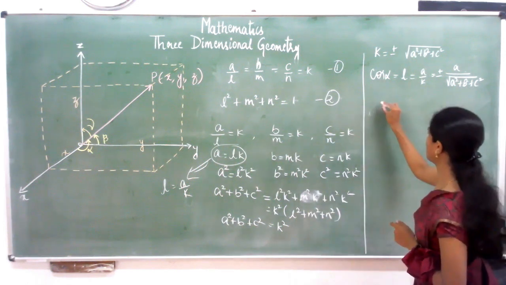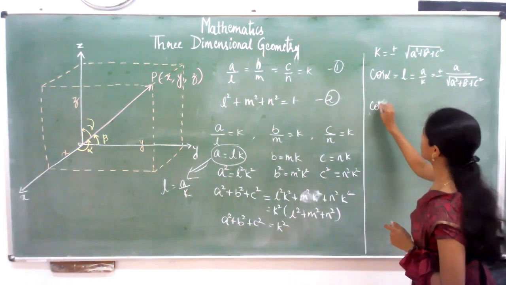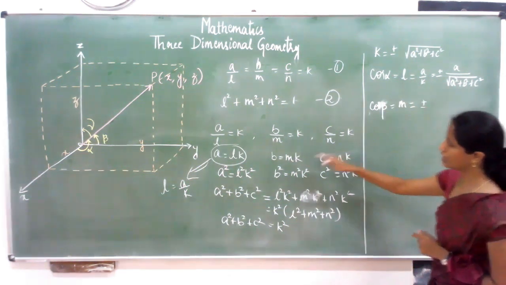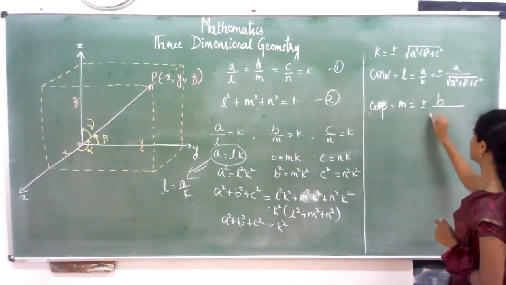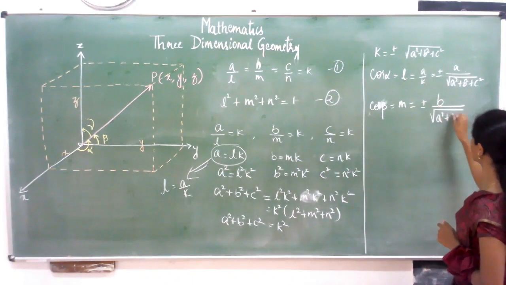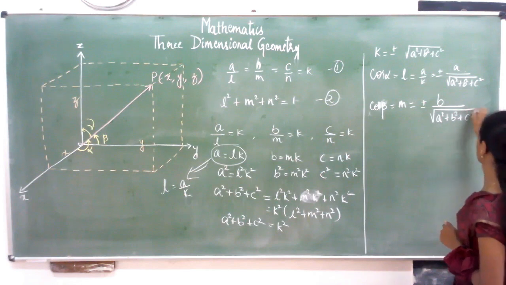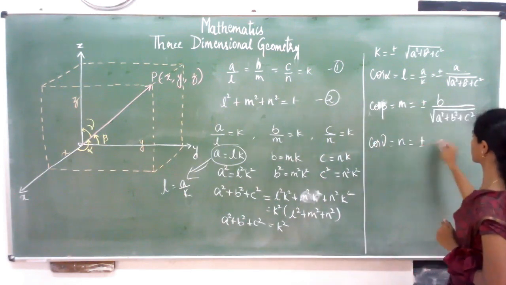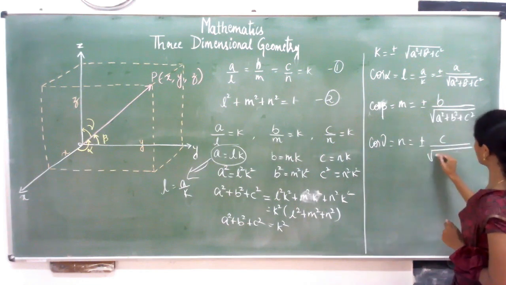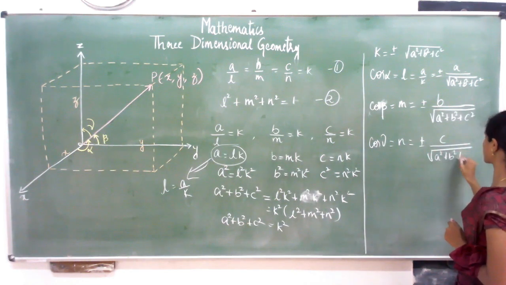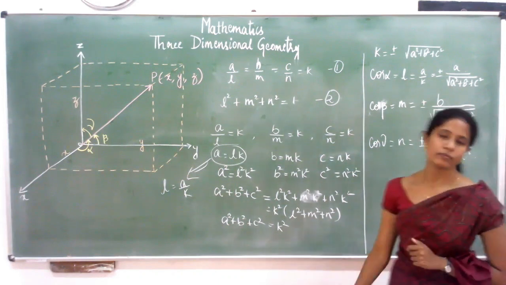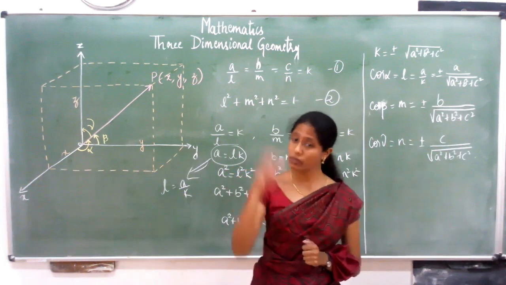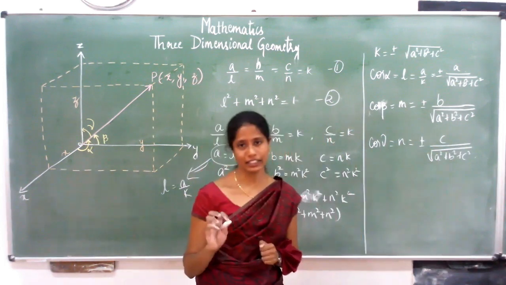Similarly, m, which is cos beta, is equal to b divided by root of a square plus b square plus c square, and cos gamma, which is n, is plus or minus c divided by root of a square plus b square plus c square. So these are the direction cosines. Why do we have plus or minus? Because we are considering a line here.